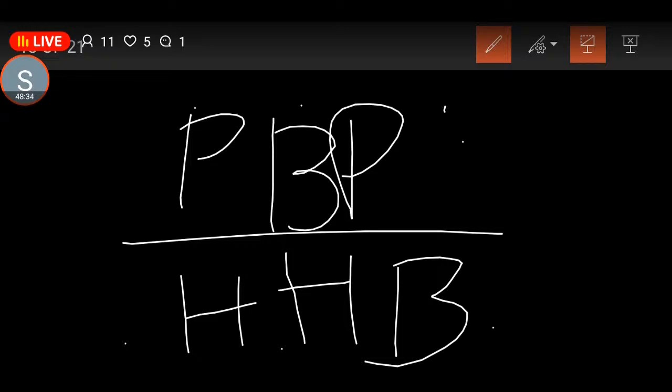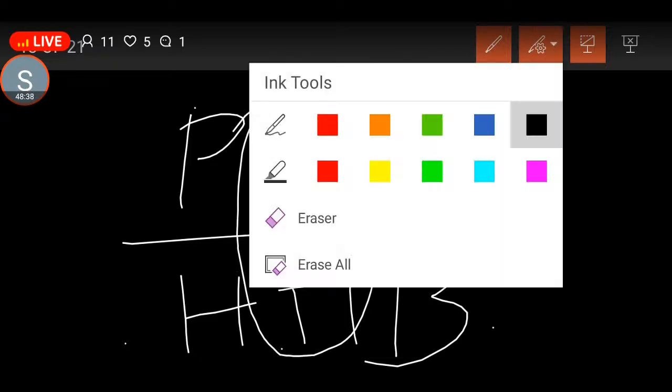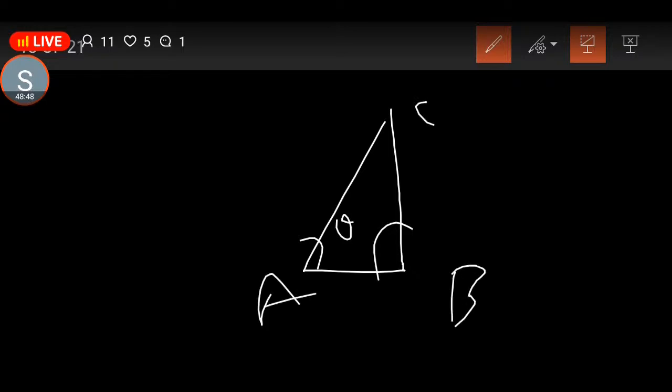See, cos is this, right? Now we need base and height. In this diagram, this is 90 degrees, this is theta, this is AD; this is the hypotenuse, this is the perpendicular, and this is the base, right?